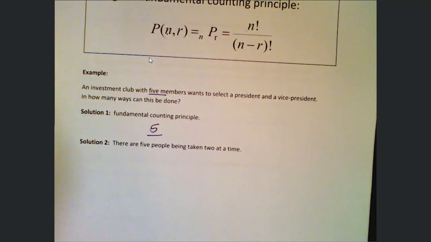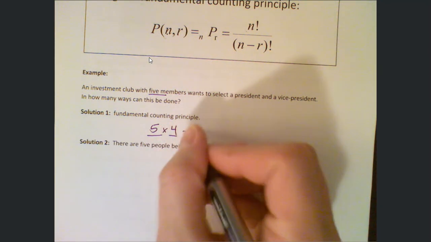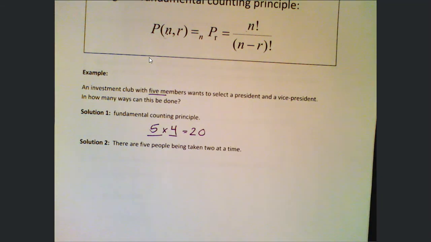Once I've picked a person to be president, there's only 4 people left. So there are 20 ways to pick a president and a vice president. They're distinct objects, so that's why the order matters. That's why we're dropping. So there's 20 different ways of taking 5 people and arranging them into president, vice president situations.